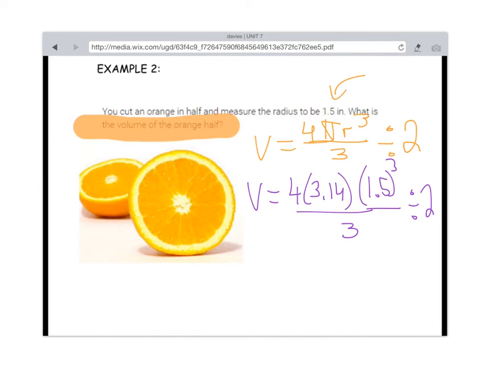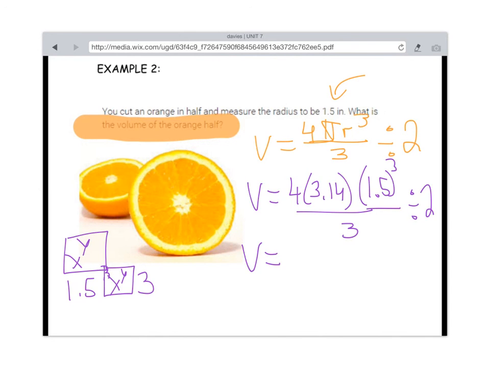It's the same thing. Using your x to the y exponent button, we're going to have 1.5 to the exponent 3 this time, times 4 times 3.14, and then we're going to divide our complete answer by 3 and then 2, or by 6.